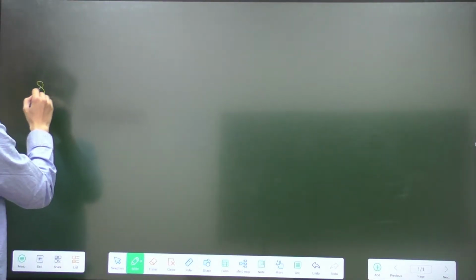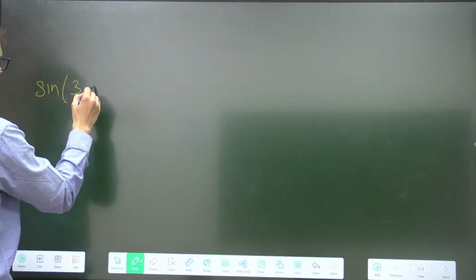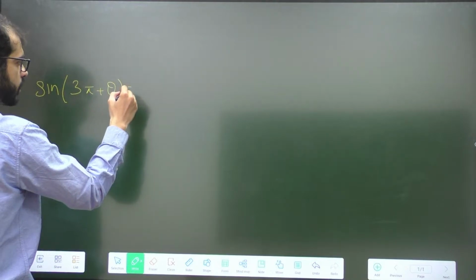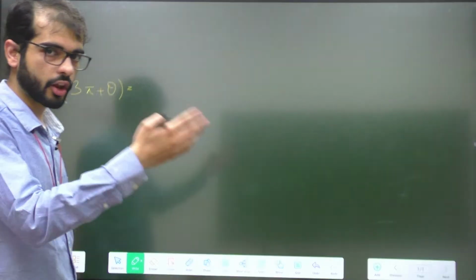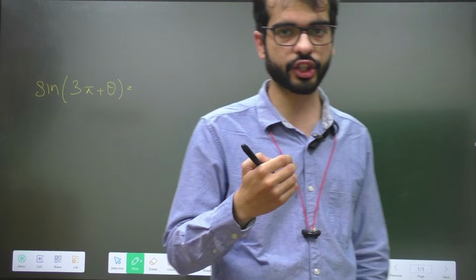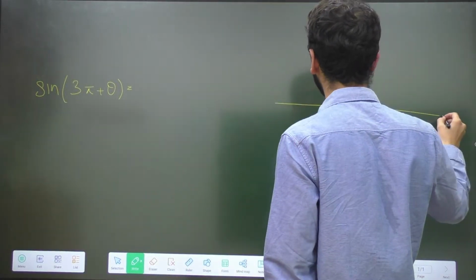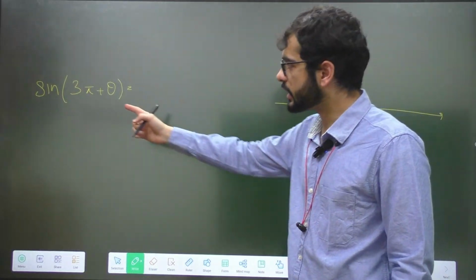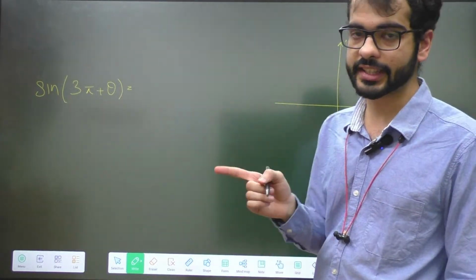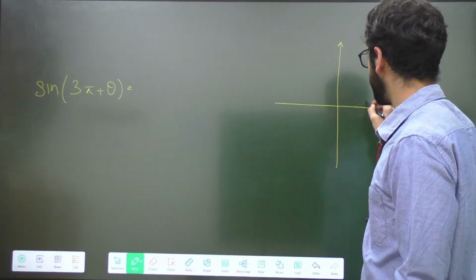If I am talking about sine of 3 pi plus theta. Now first let's understand it by the long approach, then I am going to link it with the shortcut that we just studied. If I am talking about 3 pi plus theta, then where does 3 pi take me? Because we know that theta is an acute angle. 3 pi, this much is pi.